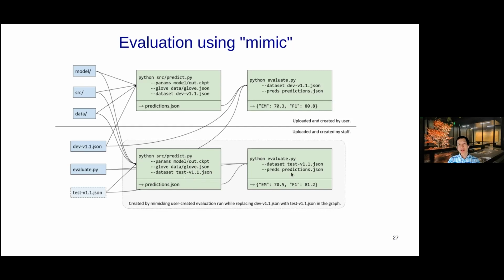This ensures that the user has debugged all the kinks and there are no missing paths or any weird stuff, and we're just going to rerun the thing on the test set. This works really well because it allows people to have the flexibility of doing whatever setup they want, but also doesn't put any additional burden on us because we're just running one command.